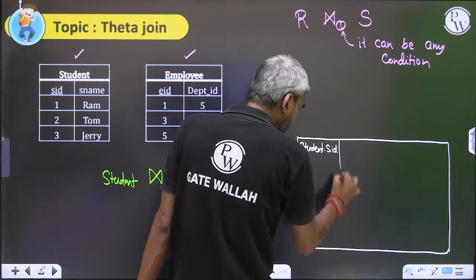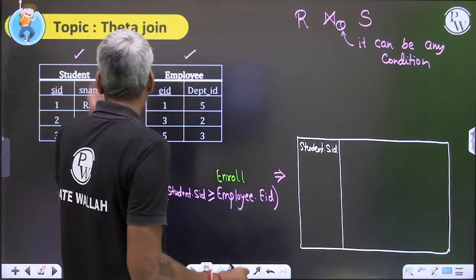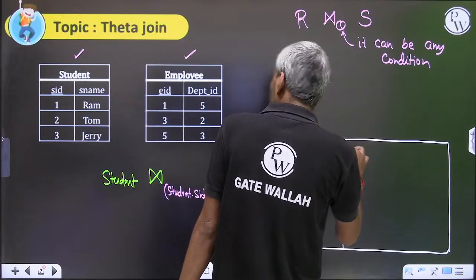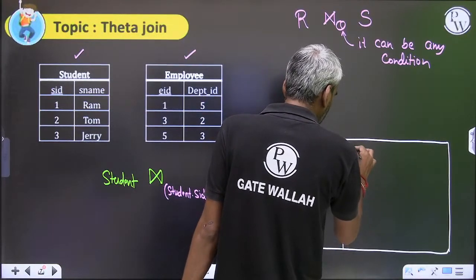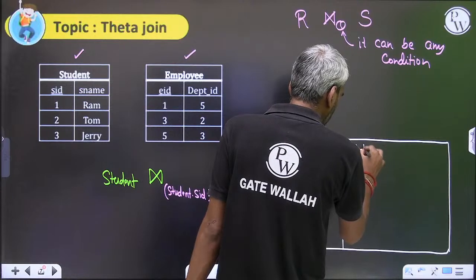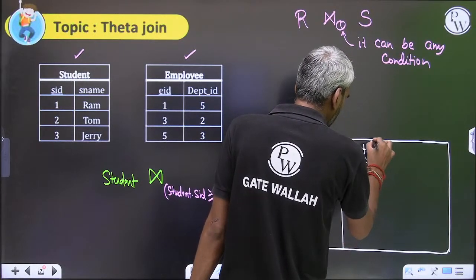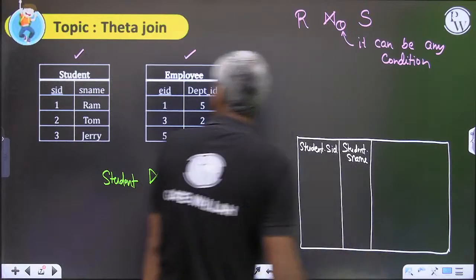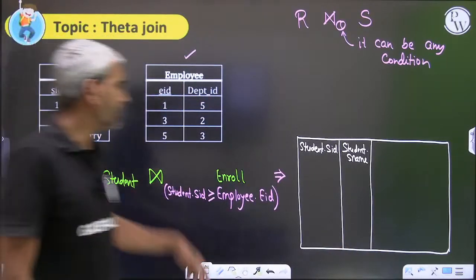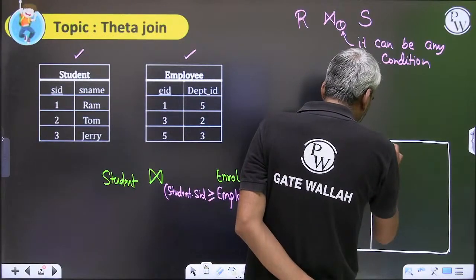You will have attribute SID of student table. You will have attribute S name of student relation. You will have attribute EID of the employee table.